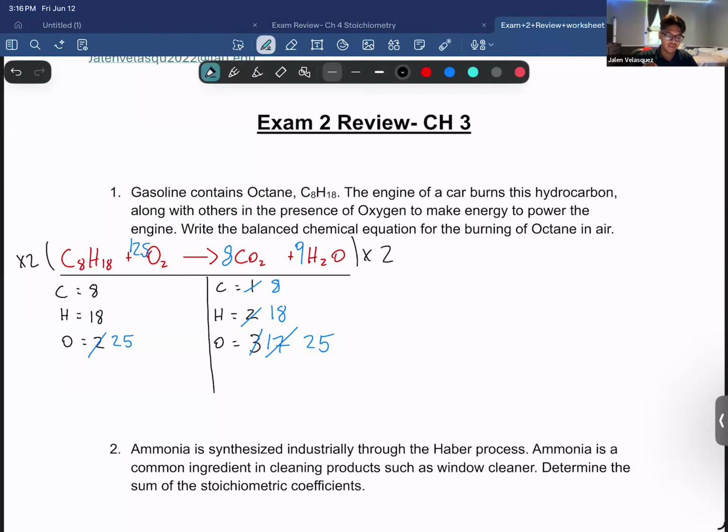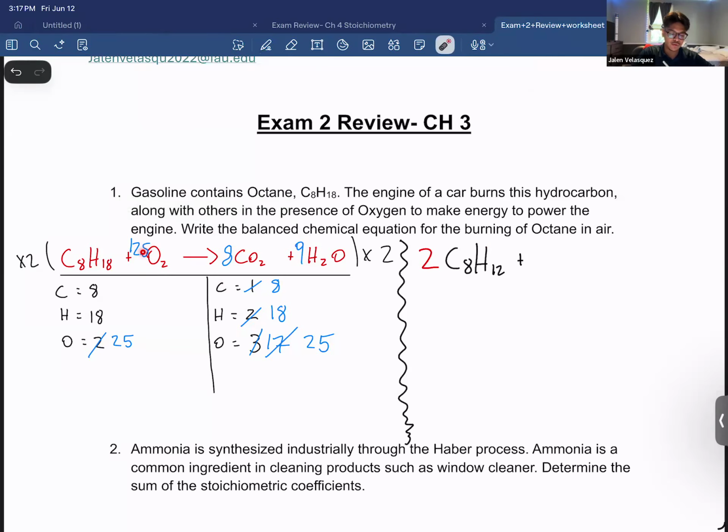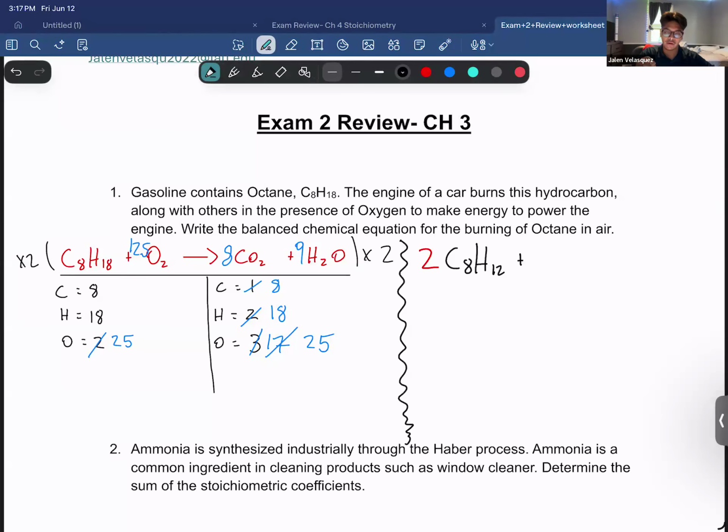If I multiply everything by 2, what is my balanced equation going to be? I'm going to have 2 C8H18, and 12.5 times 2 was 25, so now I'll have a coefficient of 25 in front of the oxygen. On the product side, 8 times 2 is 16, so we'll have 16 CO2.